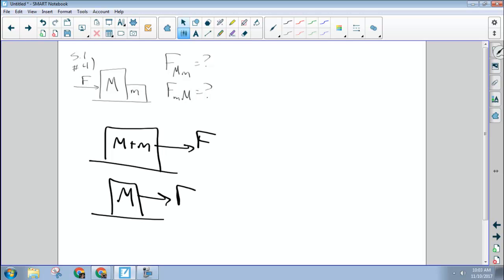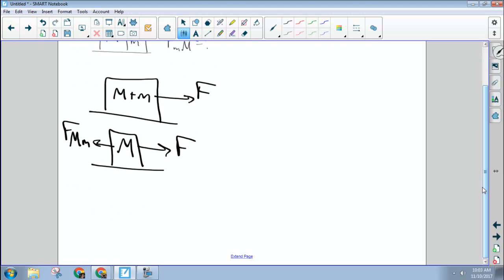There's F, and then what else? The force on the big block by the little block, right? And if I do just the little block, what's the only force on the little block? The force on the little block by the big block, right? And what we're trying to find is one of these 2 F_Mm's, right?